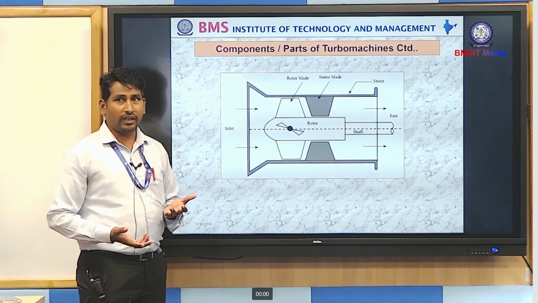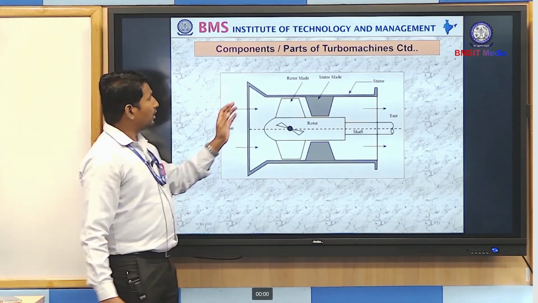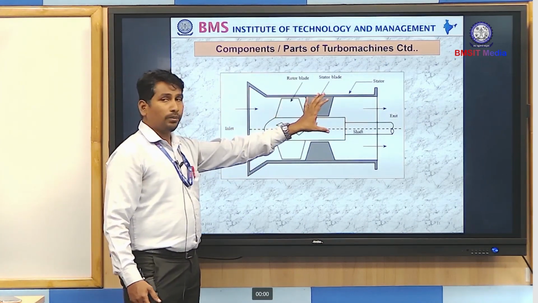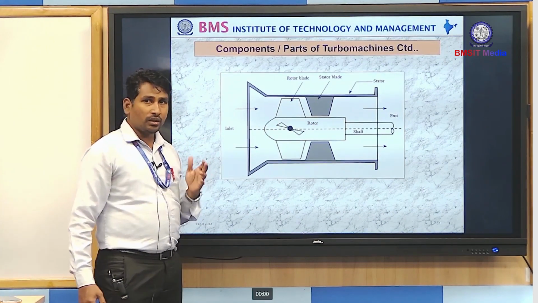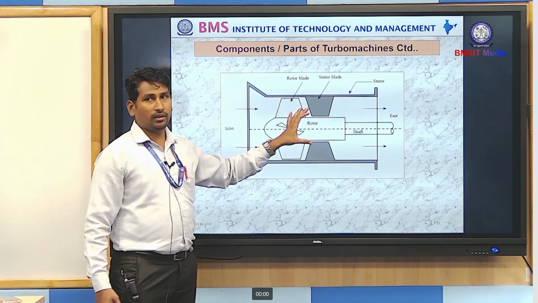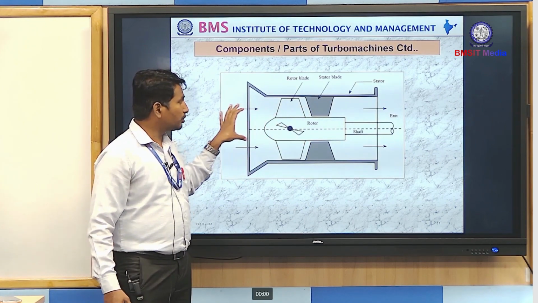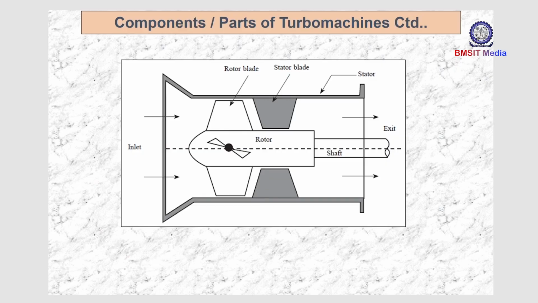There is no casing for the fan. Directly there is a rotor and air is interacting. Like that, depending upon the application, some parts will be eliminated and some parts will be retained. So what is the mandatory part in all turbo machines? The mandatory parts in all turbo machines are the rotor and the flowing fluid. You are supposed to show the direction of the flowing fluid in the rotor. Okay. Now we'll see the components.